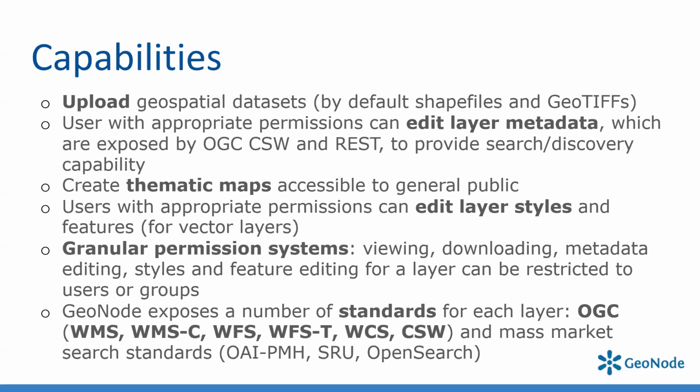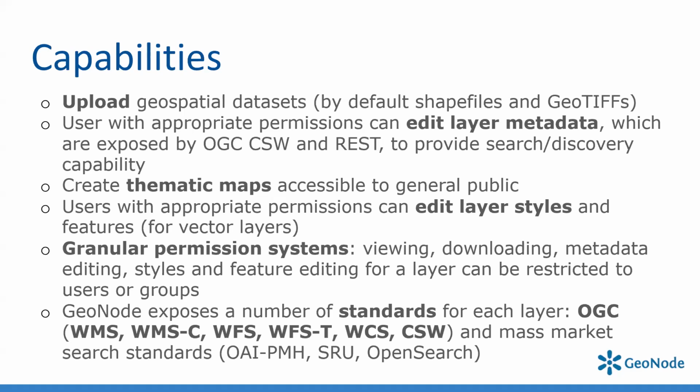So what are the very generic high-level capabilities of GeoNode? GeoNode is basically a geospatial content management system which aims to simplify the publishing and the management of geospatial datasets for people that are not GIS experts.